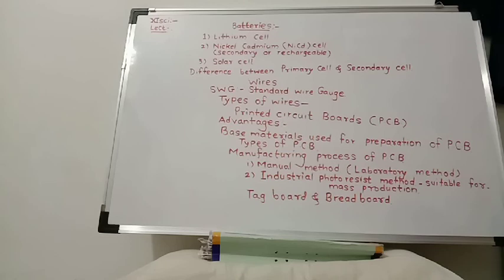Then place the copper clad in the tray which contains the ferric chloride. Then the reaction takes place: 2 FeCl3 plus Cu gives CuCl2 plus 2 FeCl2. This is the reaction.